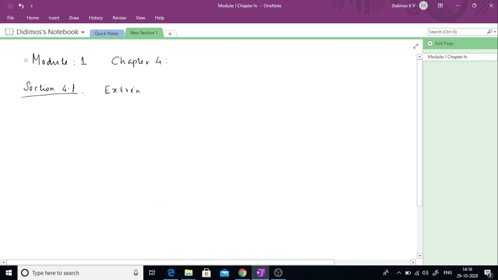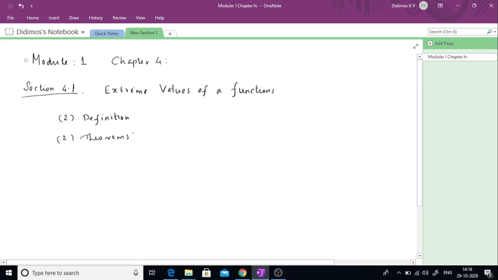Extreme values of a function. In this section we have two different definitions and two theorems.